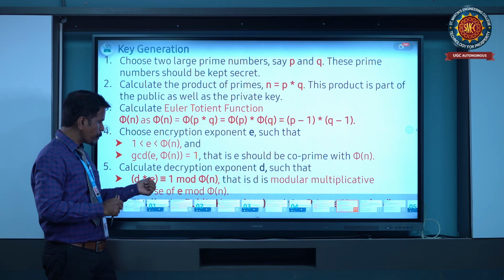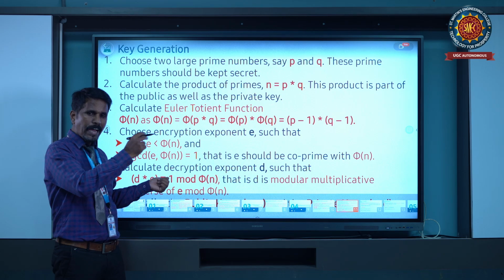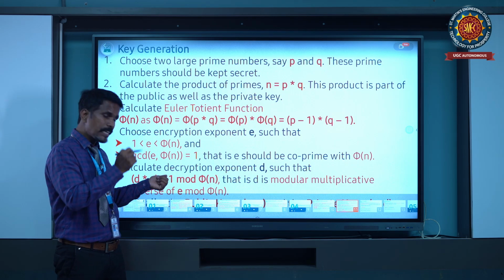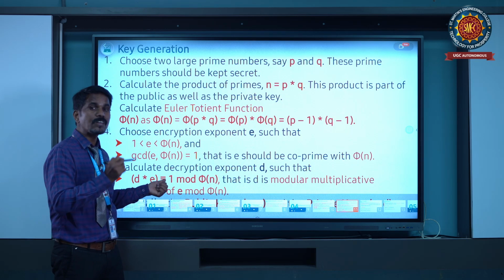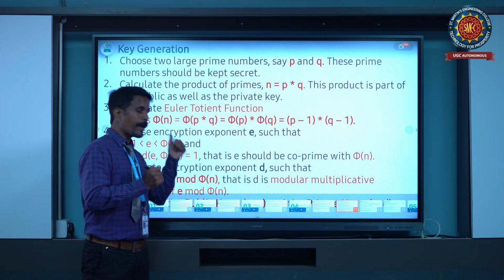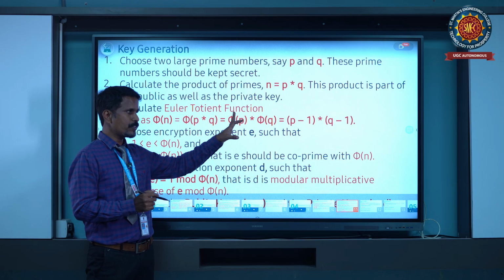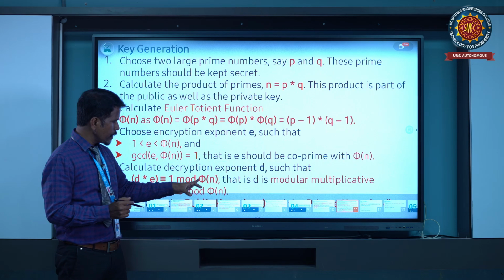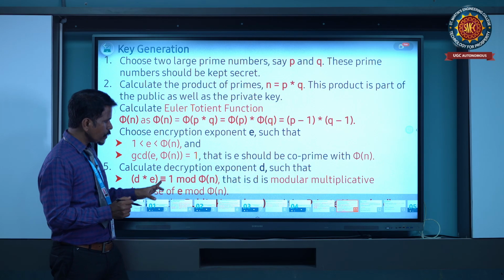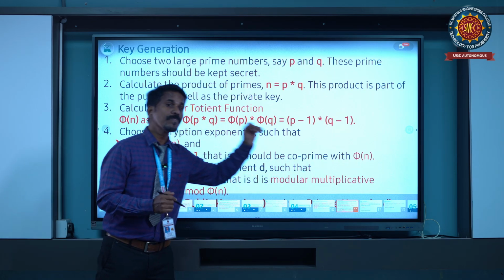When you multiply d and e, it is congruent to 1 mod phi of n. We already know the phi of n value, which you calculated first, so use that. When this matches, finally we can find d. D is the modular multiplicative inverse.